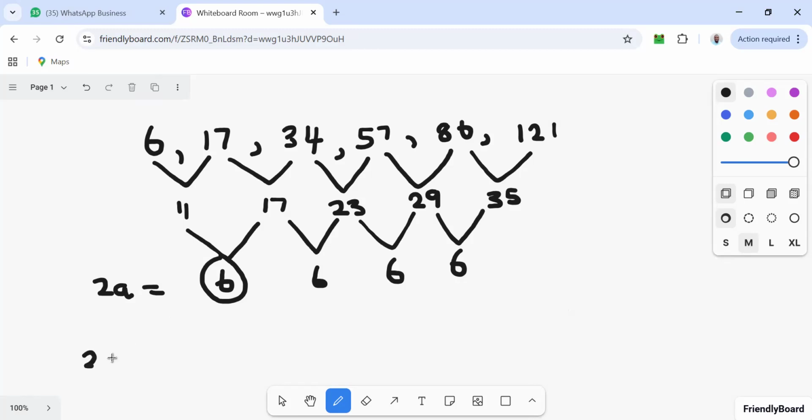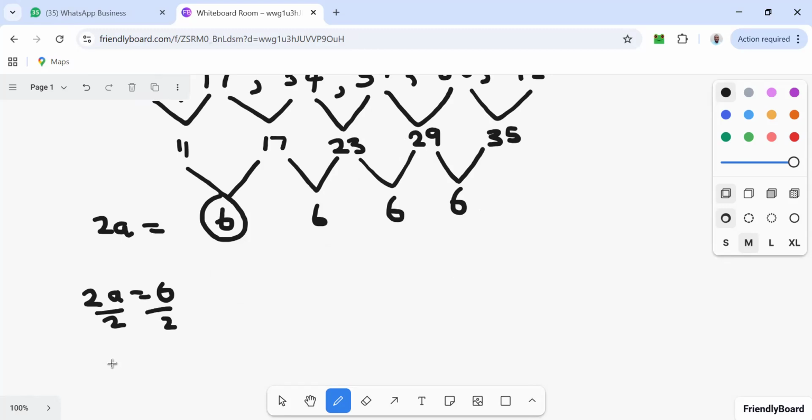So 2a is equal to 6. Then I solve for a. Divide here by 2, here by 2. So you can see that a is equal to 3. So I found my a.